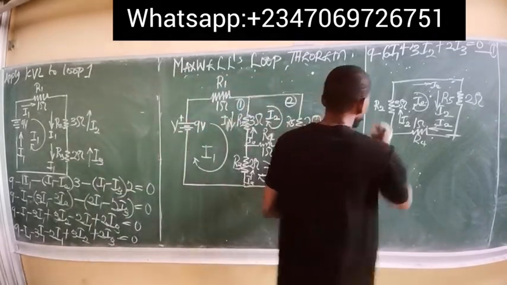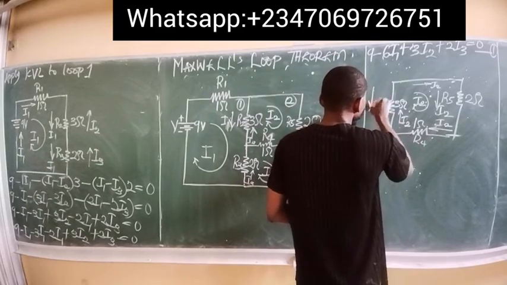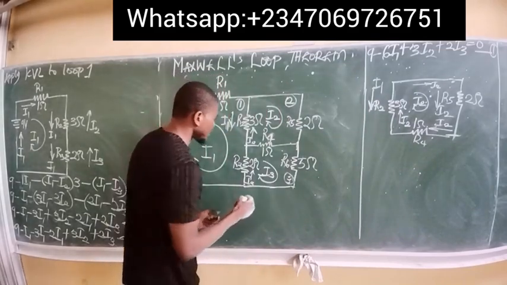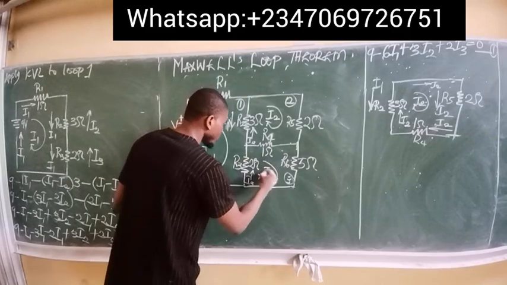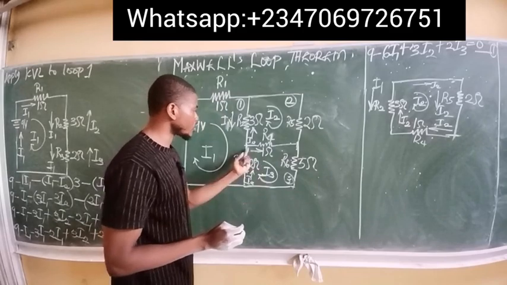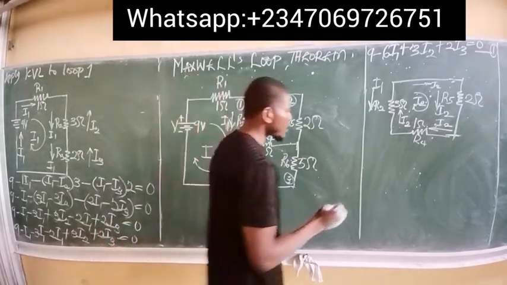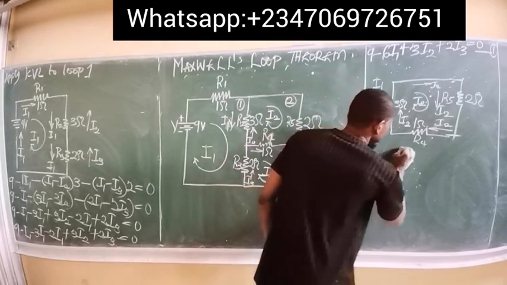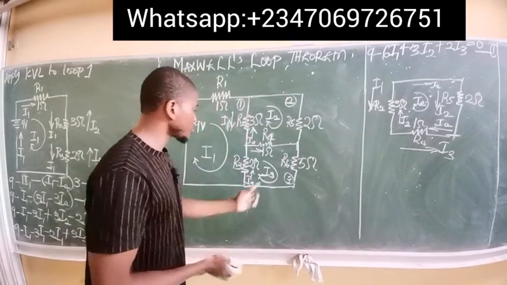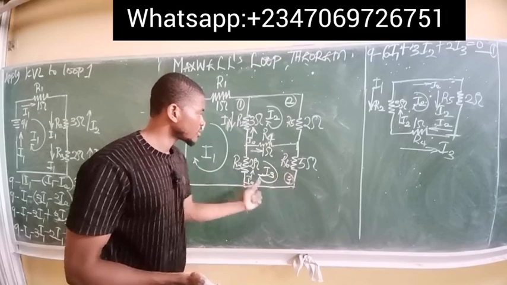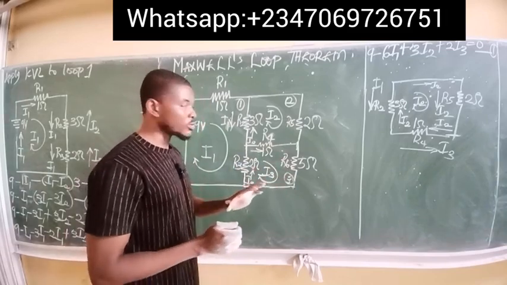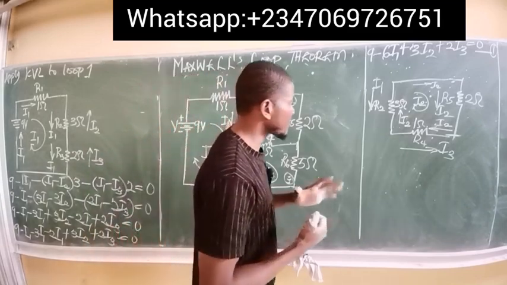So which means we have a current flowing here already, and that is simply current I1. Also not forgetting that on the resistor R4, current I3 is also flowing through the same resistor R4. So we have a current flowing in this direction, that's simply I3 flowing through R4. So you have that current I3. So this is now the diagram or the loop for the second loop.